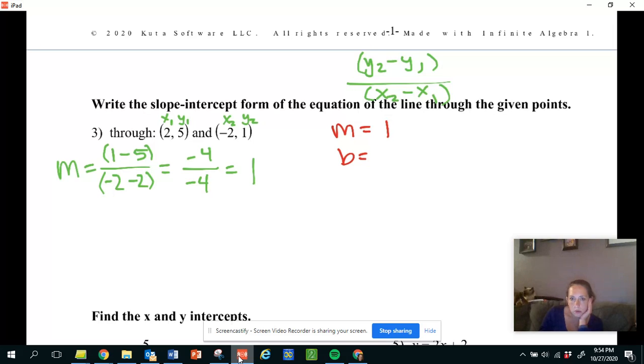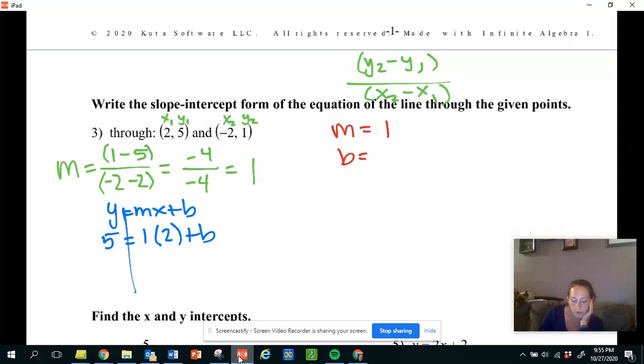Awesome. Now to find b, I have to do what I did before, where I plug stuff in and solve for b. So I know that my slope is 1. It doesn't matter which point I pick. I'll just use the first one. So remember, I'm plugging it into y equals mx plus b. So I've got 5 for y, 1 for m, 2 for x, and then I don't know b yet.